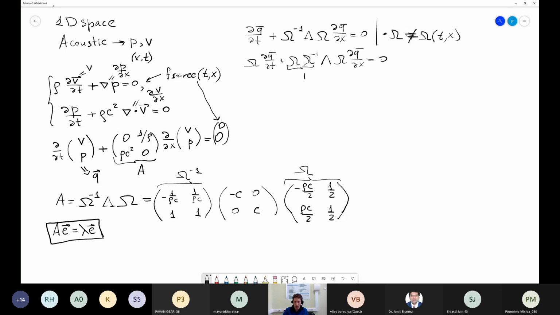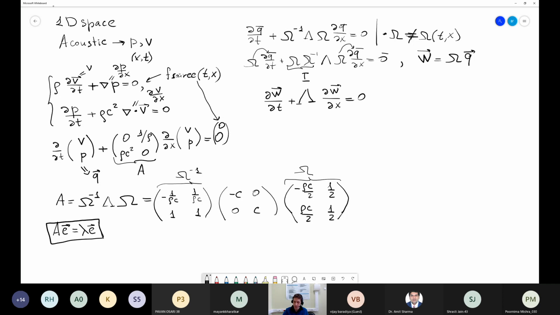And if we introduce a new variable w that is equal to omega multiplied by the vector of unknown functions q, we can put it here. We will obtain dw over dt plus lambda, the diagonal matrix, dw over dx, equal to 0.